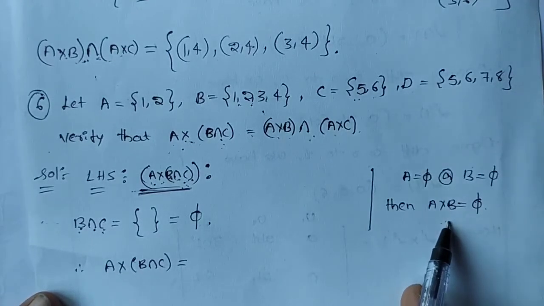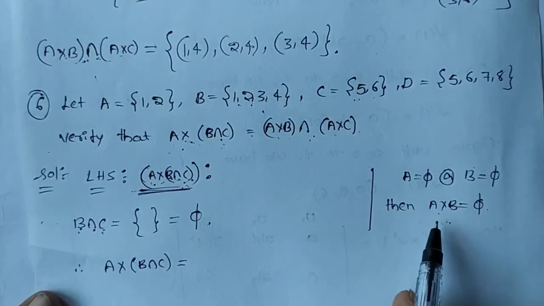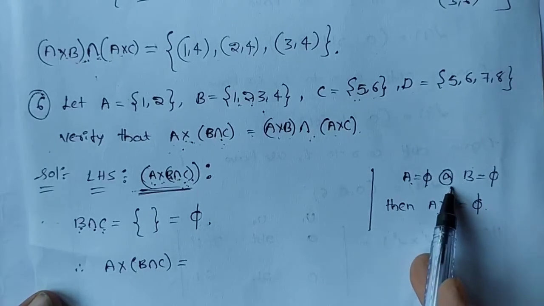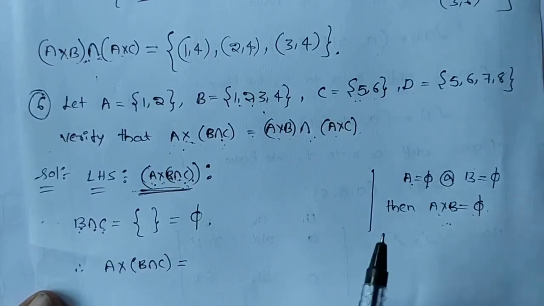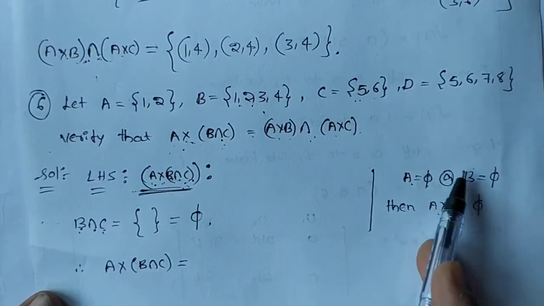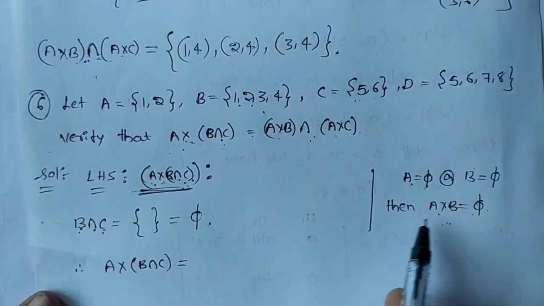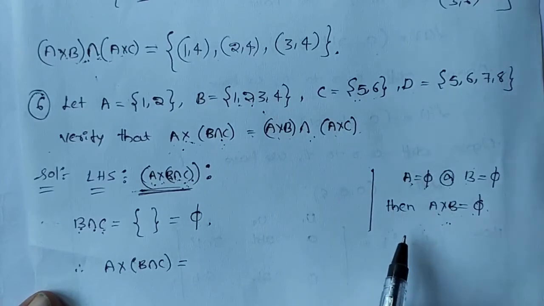If either A is an empty set or B is an empty set, then A cross B is also an empty set. This point I already told you in our previous class.